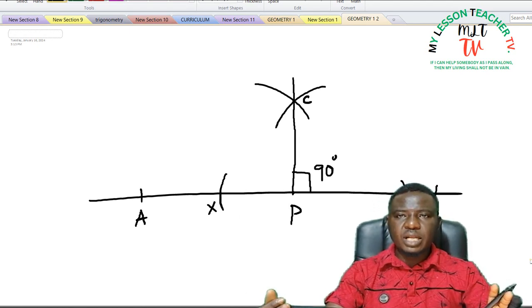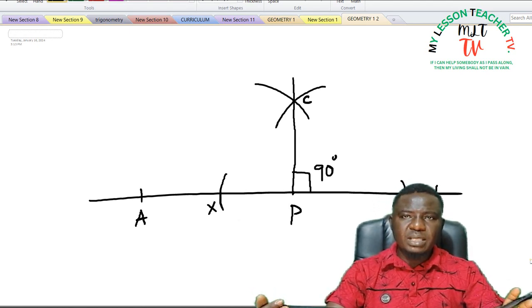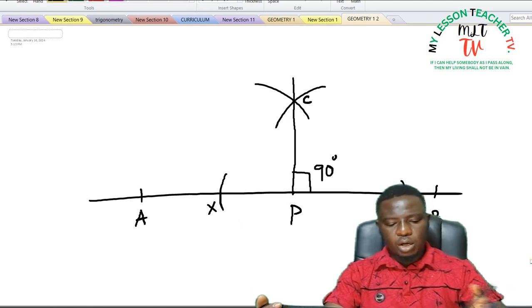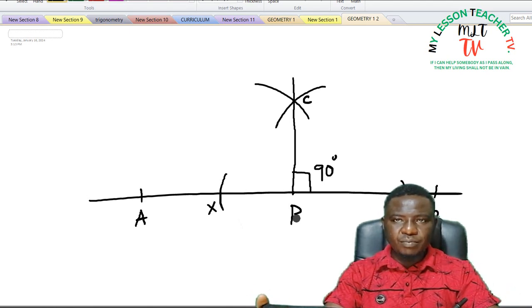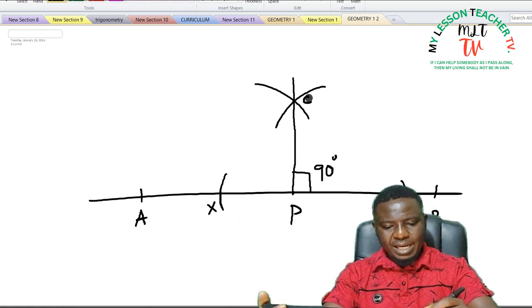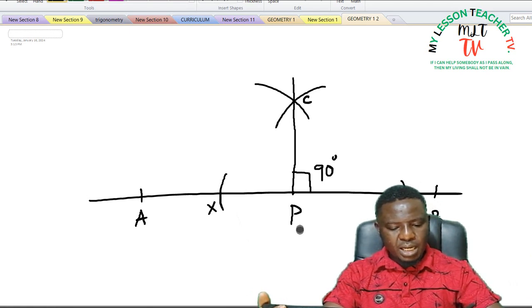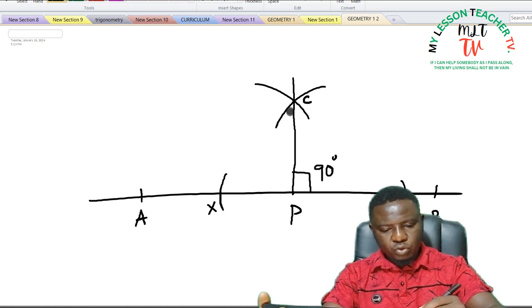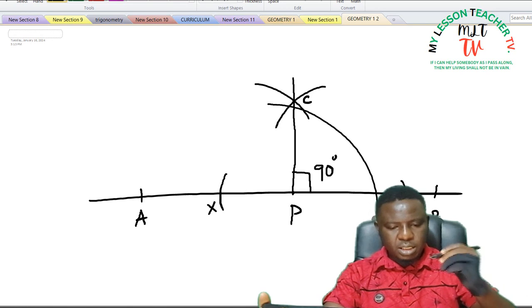Now, having constructed angle 90 degrees, how do we bisect angle 90 degrees? With P as center, you draw an arc to cut line CP and line PY, and this gives you something like this.